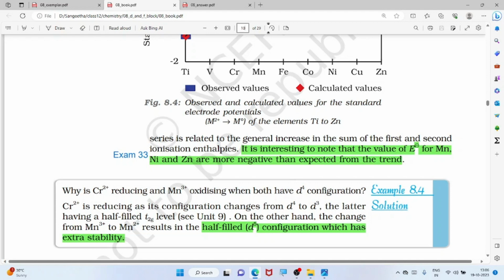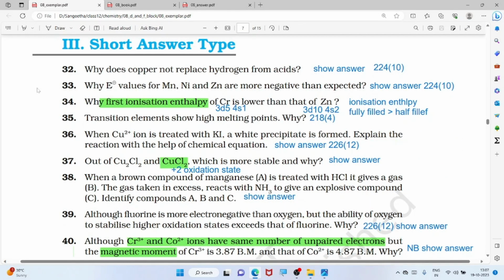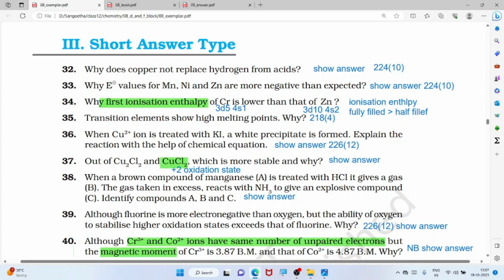So here, E° for nickel and zinc is more negative than expected from the trend. Why? First, the ionization enthalpy of chromium is lower than that of zinc. So the ionization enthalpy of fully filled is greater than the half filled.